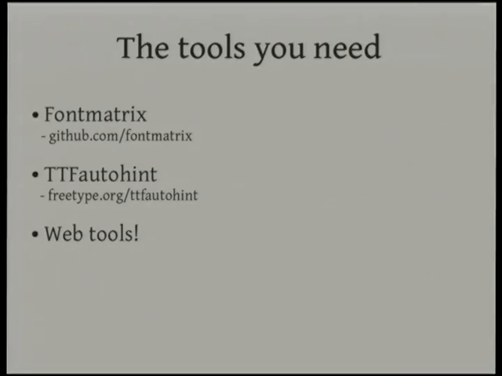So there's some helpful things you can do with FontMatrix. TTF AutoHint is a command line tool that comes from the FreeType project, and it's got sort of one purpose, but it's really useful. And then in addition to that, there are a bunch of JavaScript and HTML web tools that are pretty helpful, but we'll come to those as we need them.